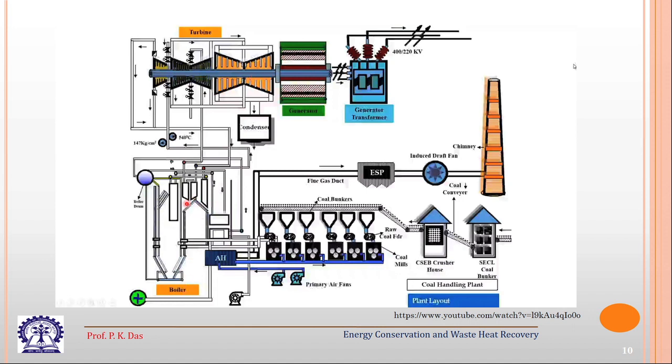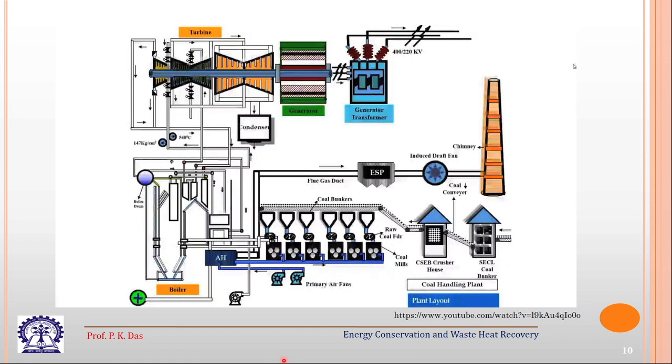There will also be a reheater, and then from the turbine it will come to the condenser, and then it will go to the feed pump and the water cycle will be completed. For the air cycle, the flue gas will pass through different superheaters, reheater etc. Then there is the economizer and air preheater. Here we can see the air heater, and then ultimately it will go through the ESP and to the chimney.